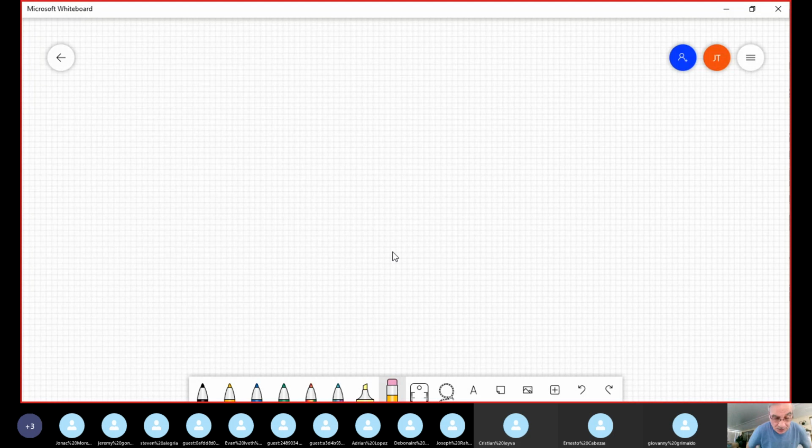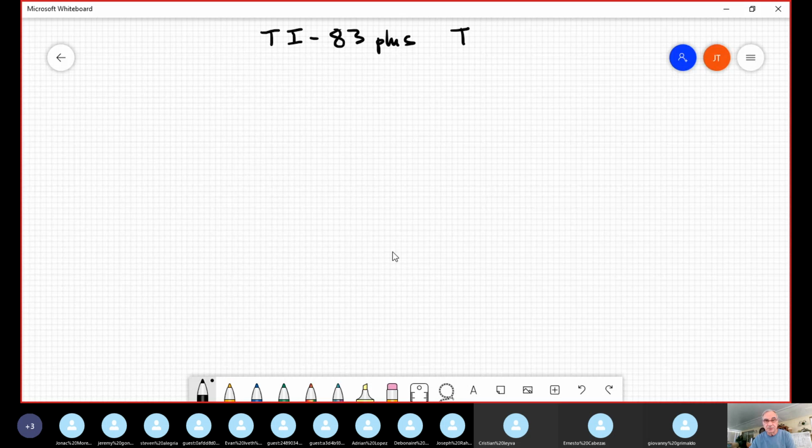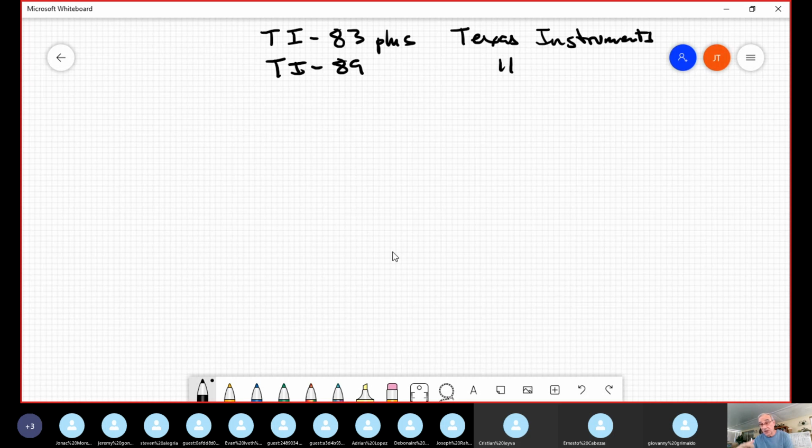Well, basically the graphic calculator like a TI 83 plus, Texas Instruments, or TI 89, again same manufacturer, has the possibility to perform Gauss elimination or Gauss-Jordan elimination, both.